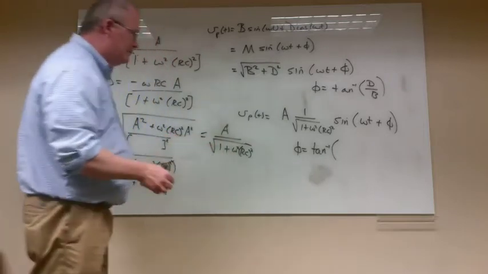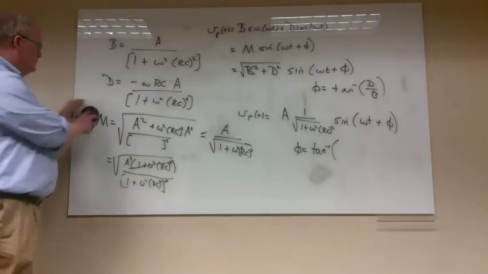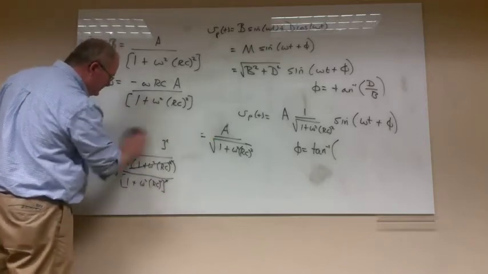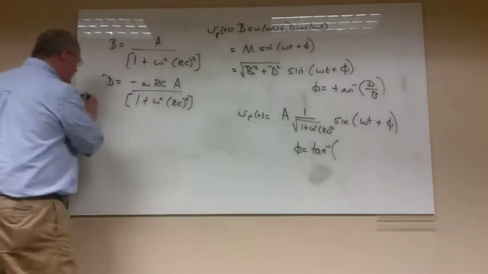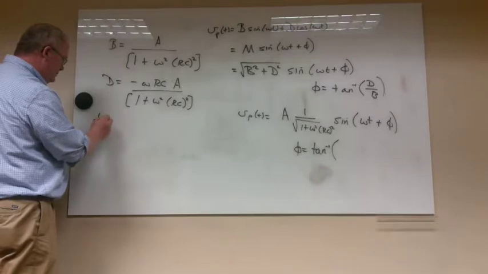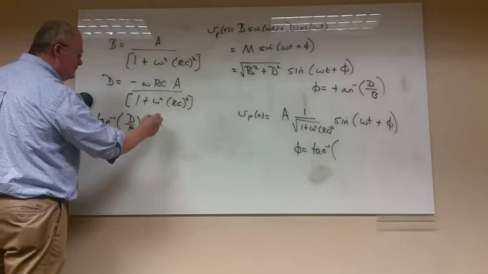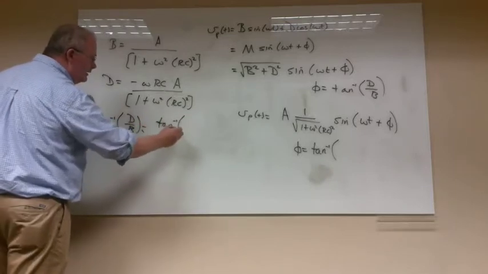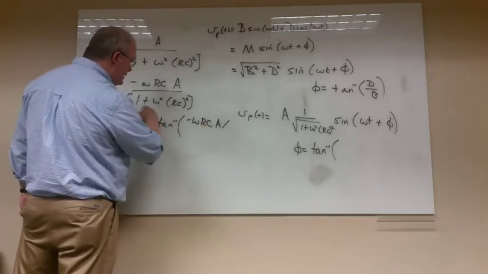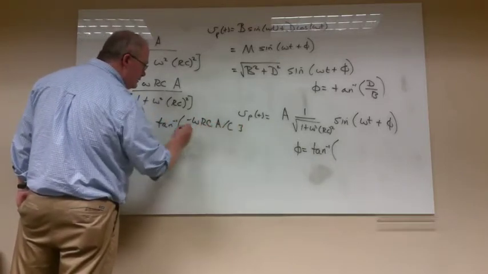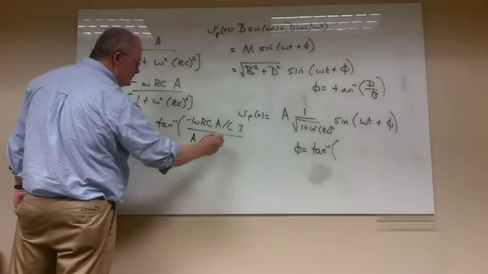Well, let's take a look at that. I'm going to fill that in just a second. We got b here, and we got d. It's actually d over b. So let's get rid of our magnitude right here. So inverse tangent d over b is going to be equal to, well, let's see, the inverse tangent of negative omega rc times a divided by this stuff inside the brackets, all over an a divided by also everything inside the brackets.